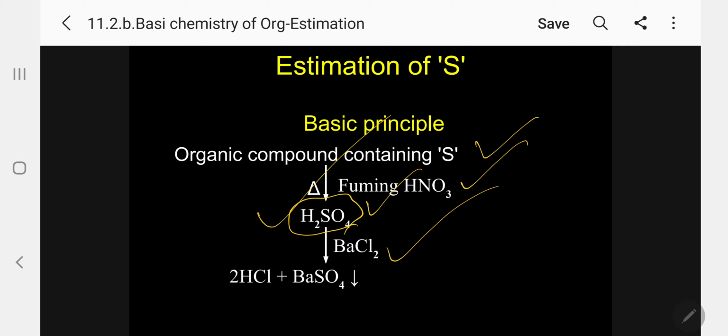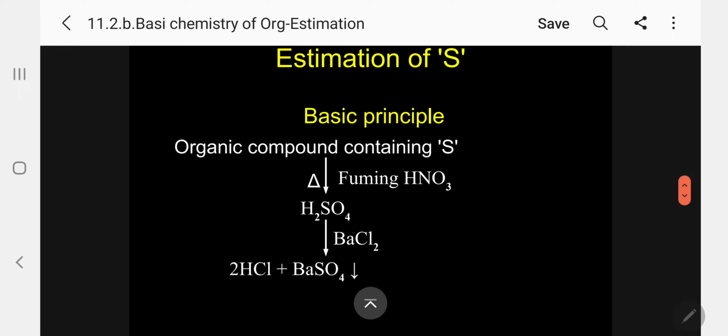Because in the beaker the sulfur is present in the form of sulfuric acid. When I add barium chloride, barium sulfate is precipitated. So I can filter this barium sulfate quantitatively and then weigh accurately.